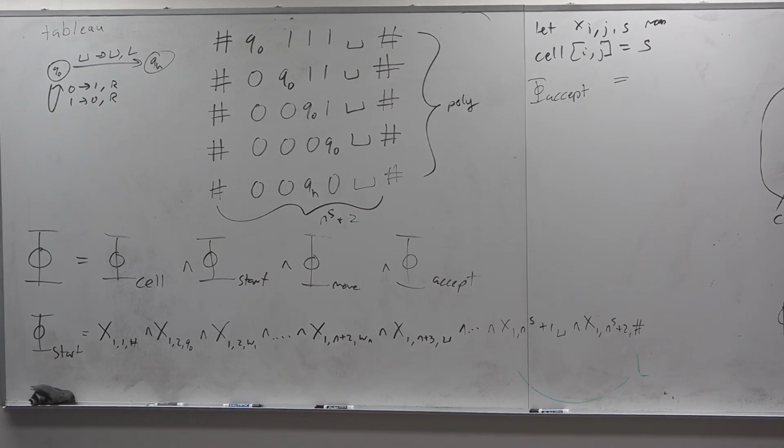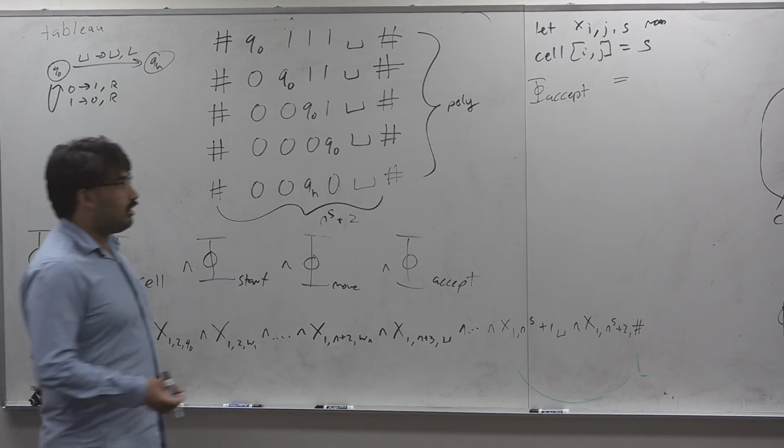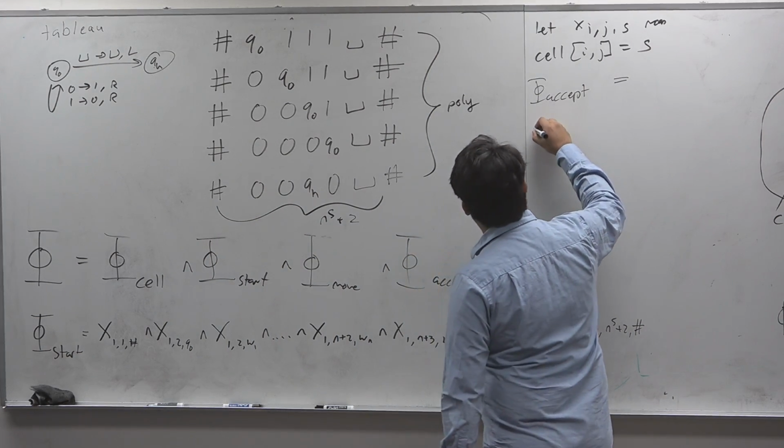The machine accepts if there's an accepting configuration. So instead of searching for the last line for an accepting configuration, just to make things simpler, we're going to loop over the entire table. So we're going to make one clause of polynomial size.